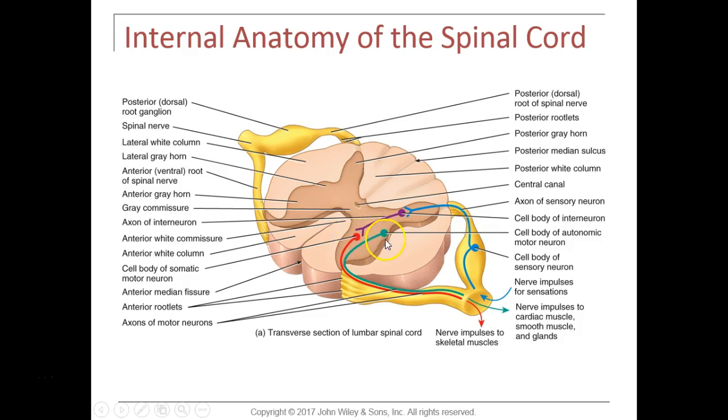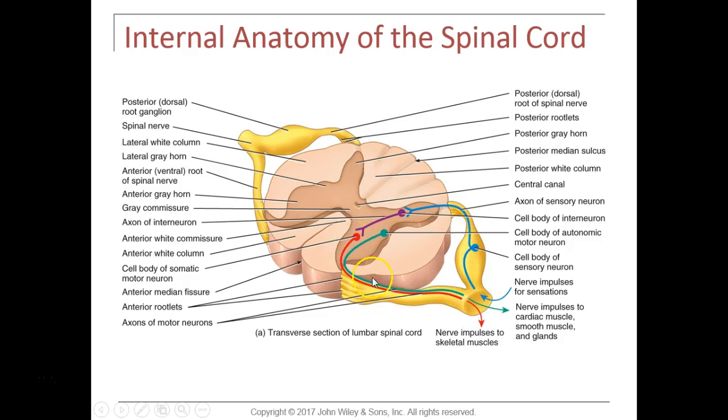So we're going to revisit this concept once we get into chapter 15. So we have gray horns, we have white matter tracts, which are all in what we call the columns. The white matter areas contain neurons that carry information up to the brain, up the spinal cord, or from the brain back down the spinal cord. The gray matter areas actually conduct information into and then out of the spinal cord.